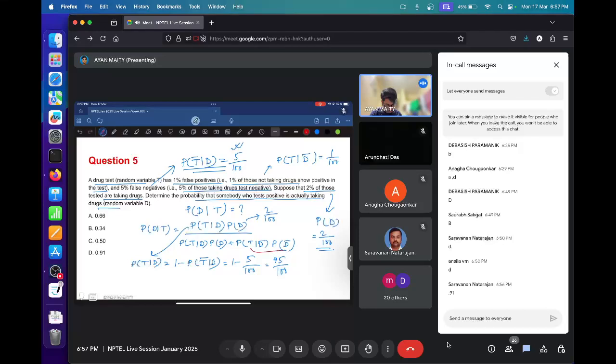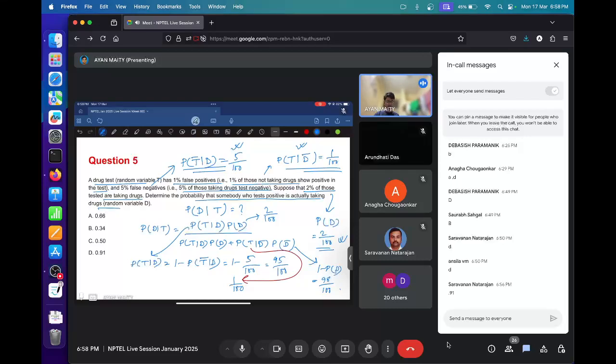Now this one, probability of T given D complement, is already given here as false positives, so that is 1 by 100. And probability of D complement is 1 minus probability of D, which is 98 by 100. Probability of D is 2 by 100, so complement of that would be 98 by 100.